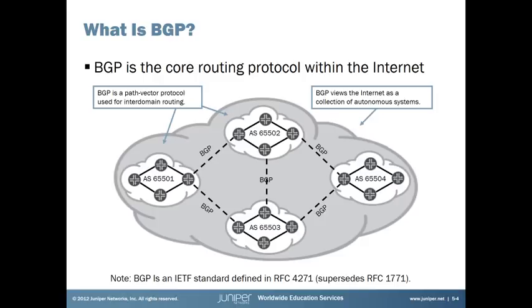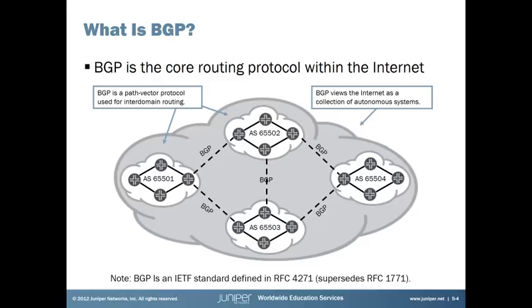With BGP, we want total control over the process. We want total control over which other BGP speaking routers we establish these peer relationships with. And we also want to have a lot of control over how the traffic flows between those two peers.